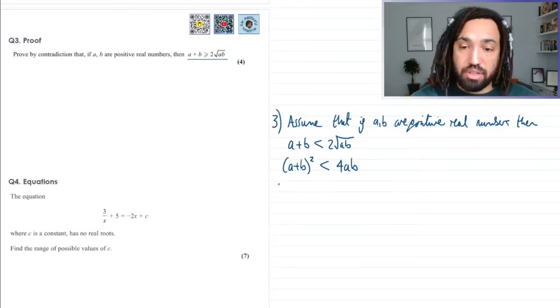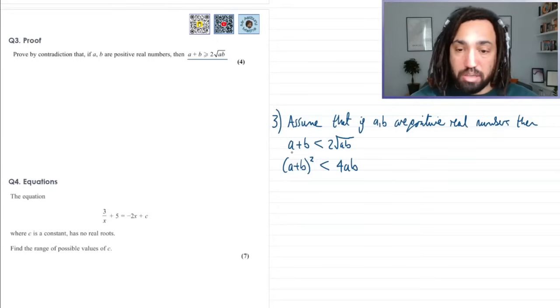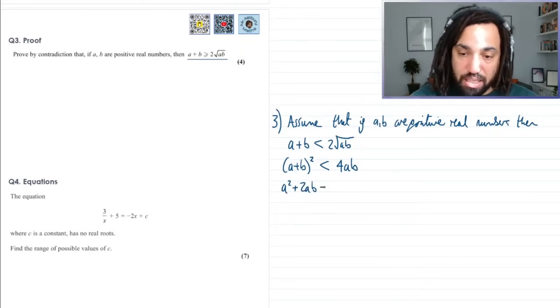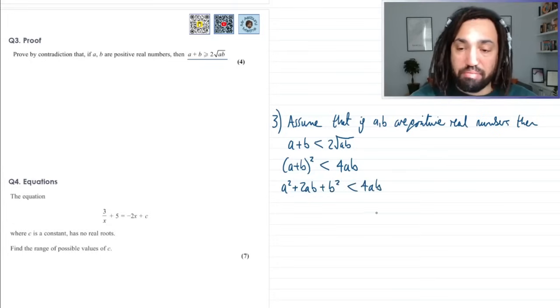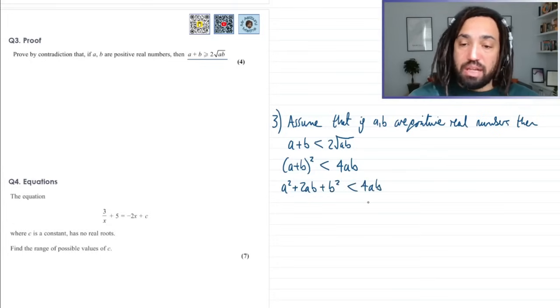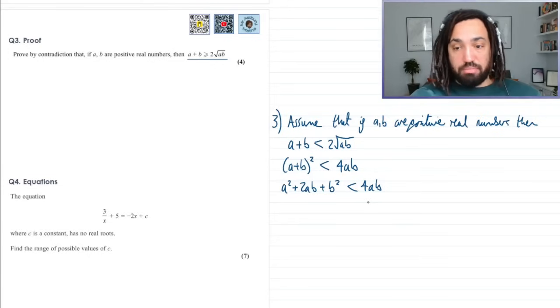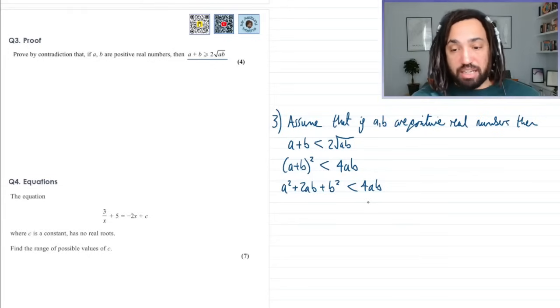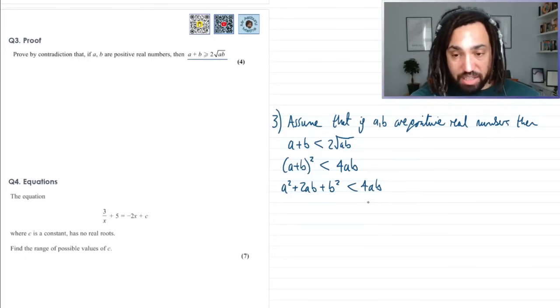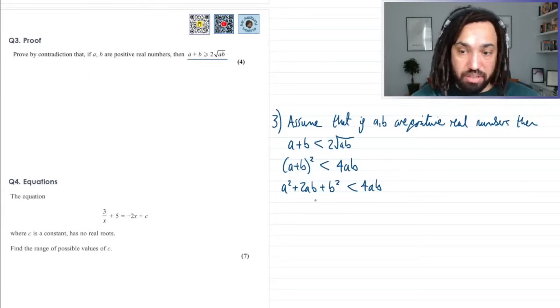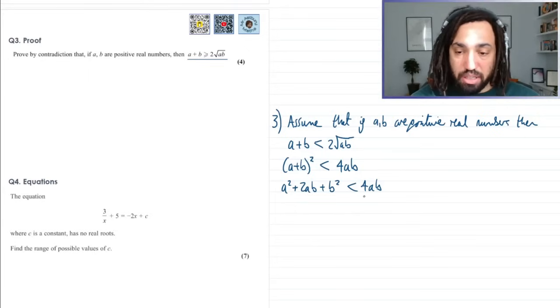Okay, so now I'm going to want to expand this out to get A squared plus 2AB plus B squared is less than 4AB. Ultimately, in a lot of these questions, you're trying to refactorize and get something which is just completely square, because we know that squares are always positive, so that proves to be a contradiction.